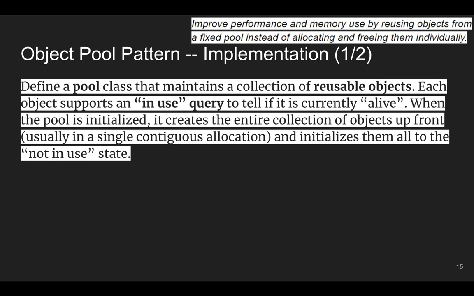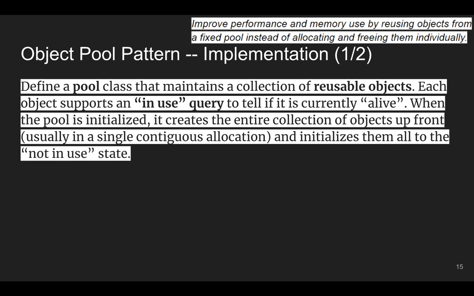Okay, so how do we implement the object pool pattern? We define a pool class that maintains a collection of reusable objects. Okay, so it's just some collection of things. Each object supports an in-use query to tell if it's currently alive or being used. When the pool is initialized, it creates the entire collection of objects up front, usually in a single continuous allocation.